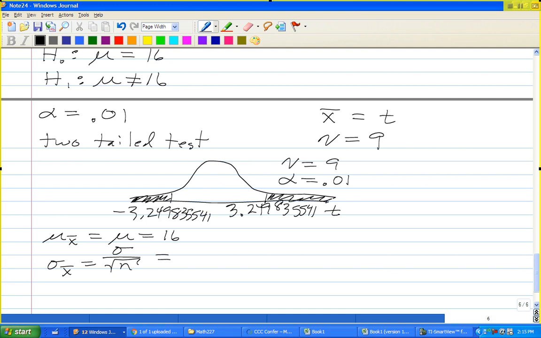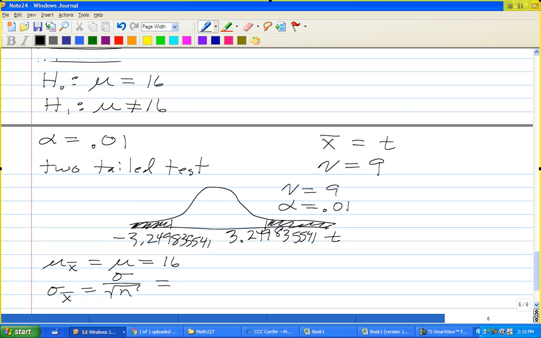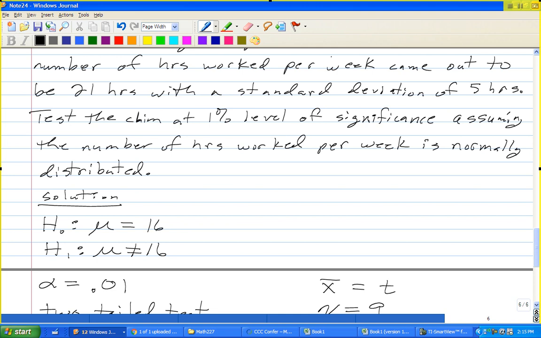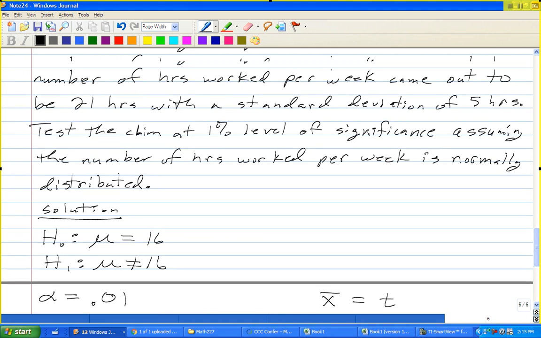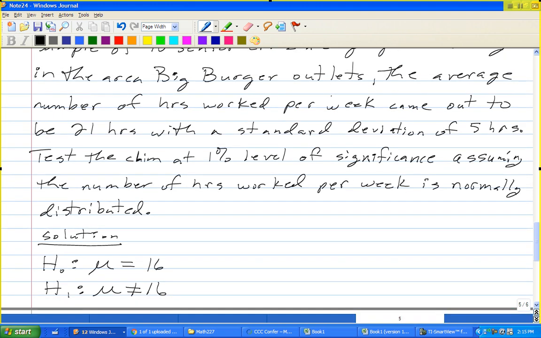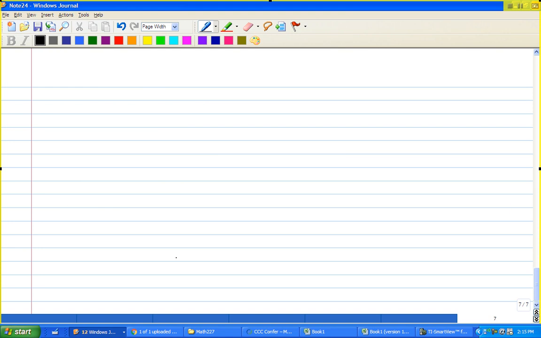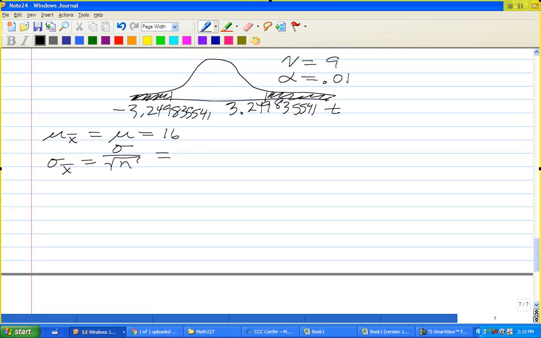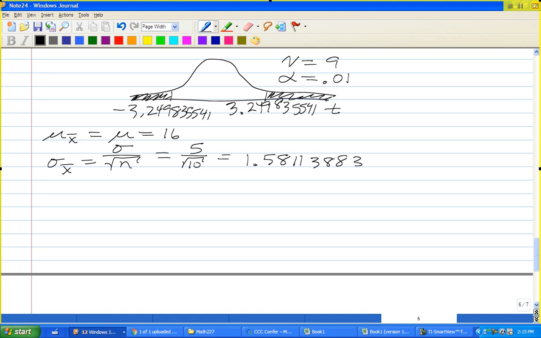I don't have the population standard deviation, but I have a sample standard deviation of 5 with a sample size of 10. Plug that into your calculator. You get 1.58113883.